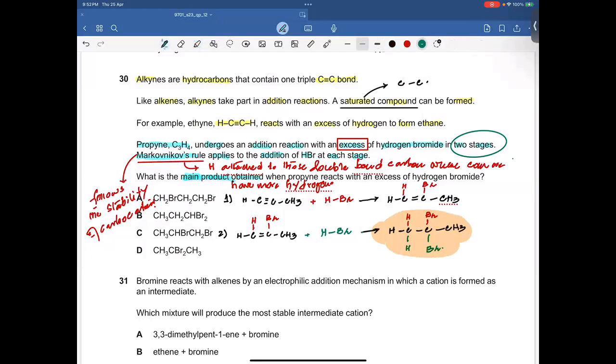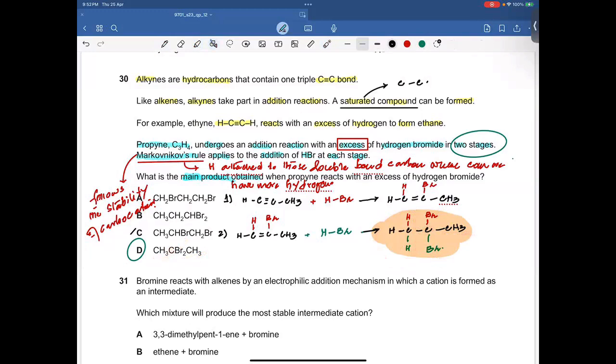And we need to check. This is CH3. This is CH3. This carbon has 2 bromines. This carbon has 2 bromines. This is CH3, which means D is going to be the right answer.